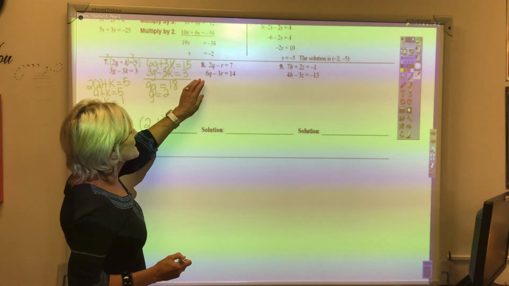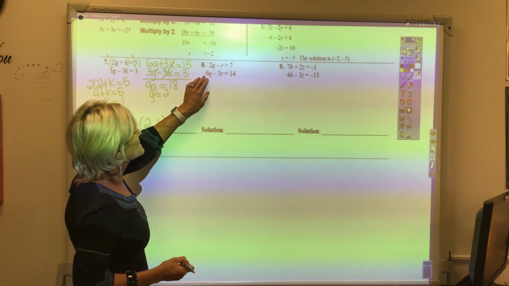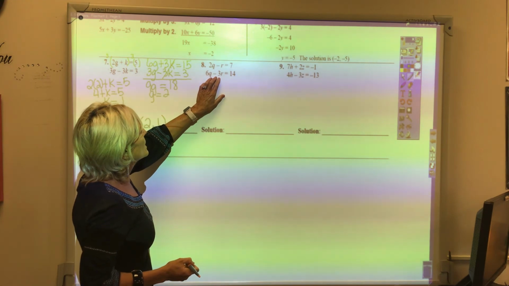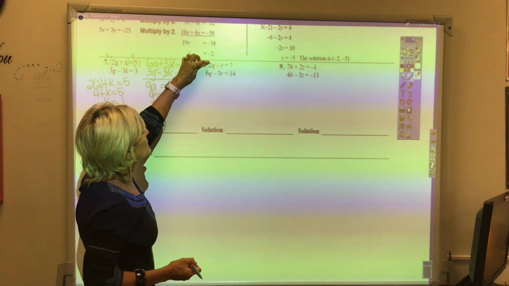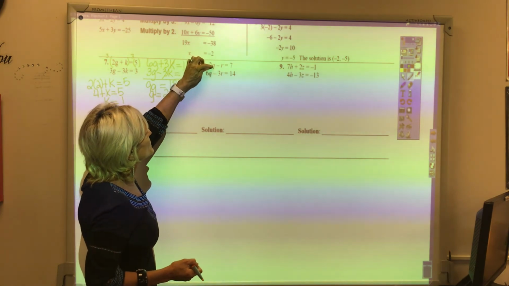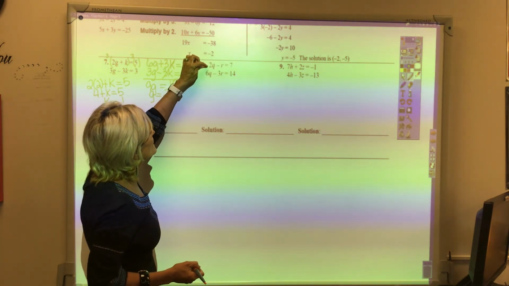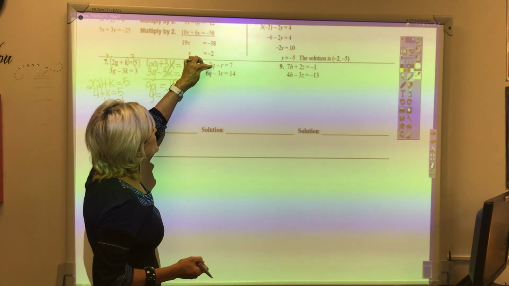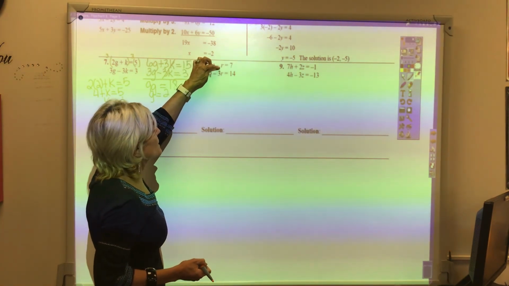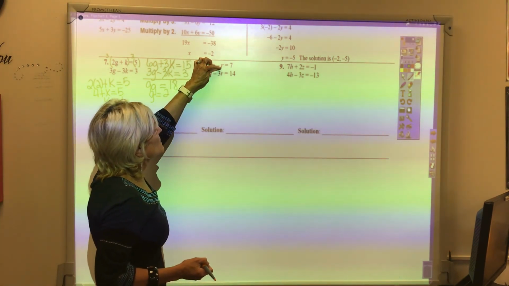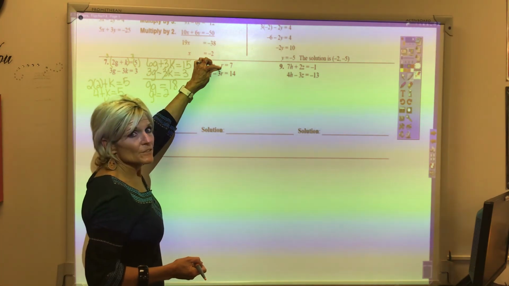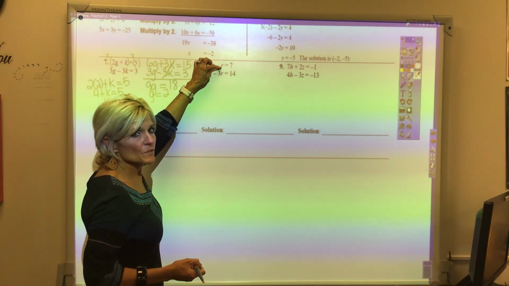On this second system, notice I could multiply by a negative 3 up here, and this would give me a negative 6q, as well as a positive 3r. So that's going to allow me to eliminate. This is going to be an example of no solution.